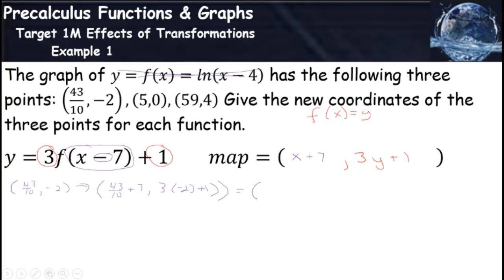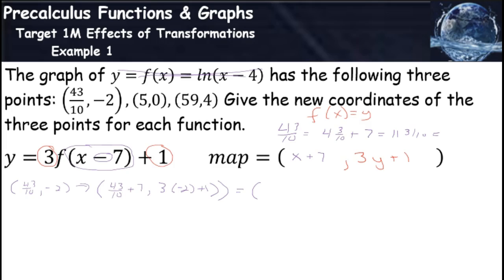So 7 plus 43 tenths, I'm going to do some work over here. 43 tenths, 10 goes into 43 4 times, so that's really 4 and 3 tenths. When I add 4 and 3 tenths to 7, well, 4 plus 7 is 11, so this is 11 and 3 tenths. 11 and 3 tenths is a mixed number.